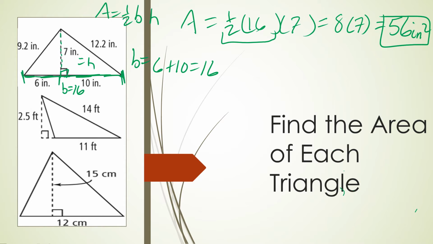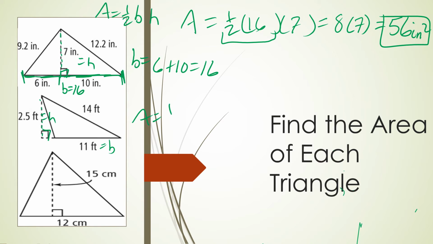In the second figure, we have the height and the base and a side. Again, remember, the height is always perpendicular to the base. So we have 2.5 as the height, and we have 11 being the base because that's what it's perpendicular to. So we can come in and fill in the equation.